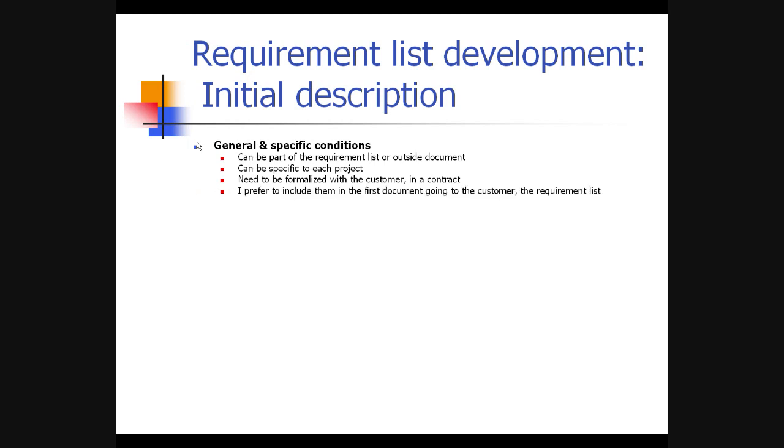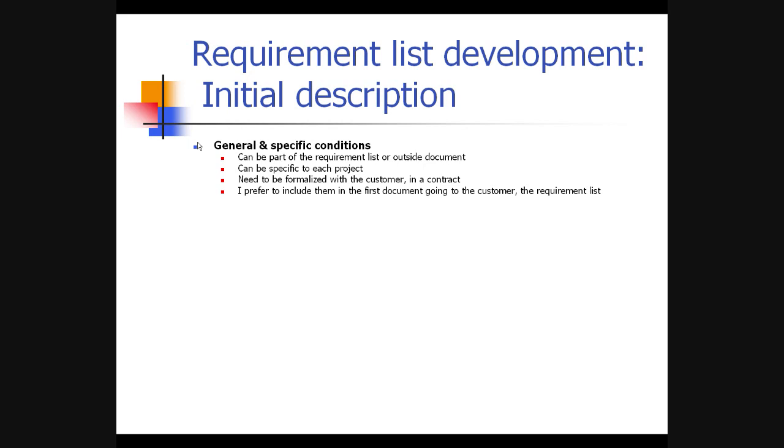And I personally prefer to include them in the first document going to the customer, the requirement list initial description. It will be part of the main document the whole way. I will never remove them from the requirement list, and this way there is no possibility for the customer to say, I didn't know, I didn't agree to that, I didn't want to.